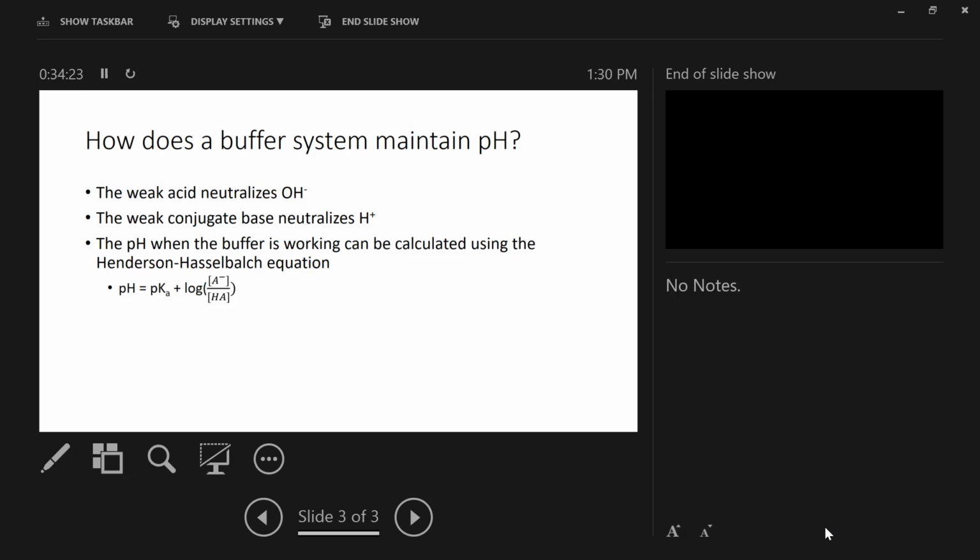Some of it might ask you, what does this term need to be? Like if you want to maintain a pH of 6.5 and your pKa is 5, what does this value need to be? If you want this to be 6.5, this is 5. 5 plus what value is 6.5? 1.5, right?